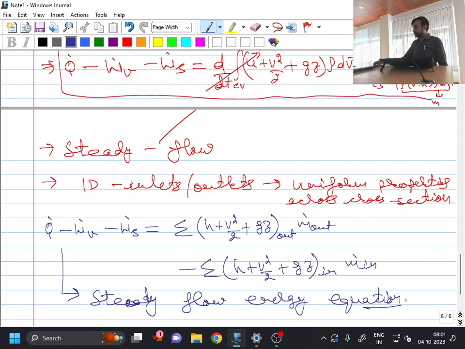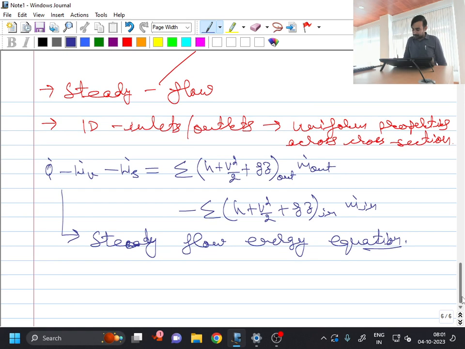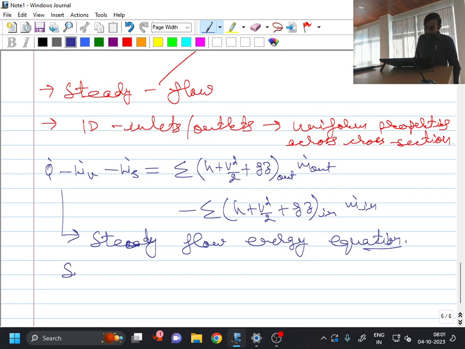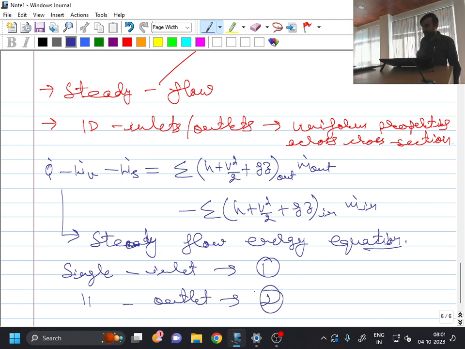All are clear with this? Now let's consider that we have only a single inlet, which is designated by point number 1, and a single outlet which is designated by point number 2. Then this summation will also go away.